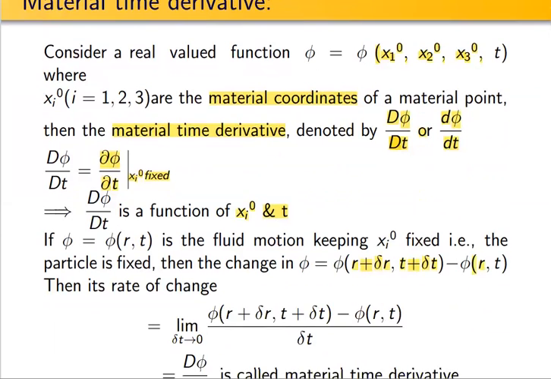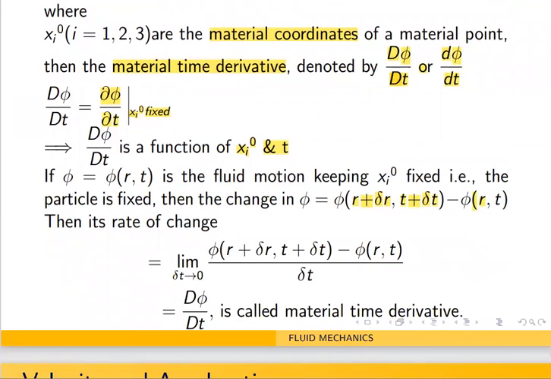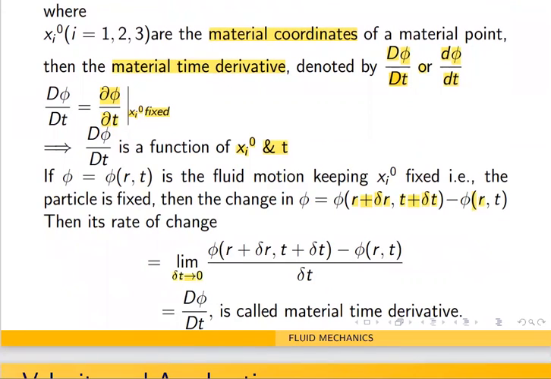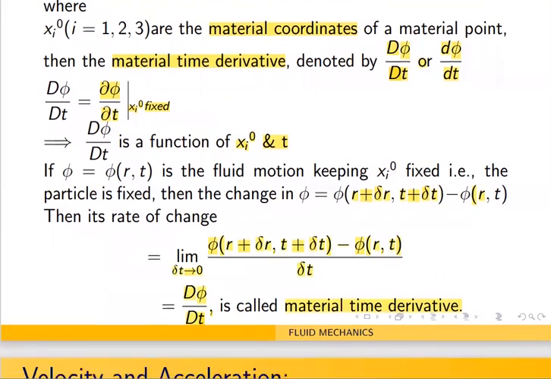The rate of change is nothing but the limit as delta t goes to 0 of the numerator divided by delta t. And this is D phi by dt, and this is the material time derivative. So we learned the local time derivative and the material time derivative. Okay, let us see what are velocity and acceleration.